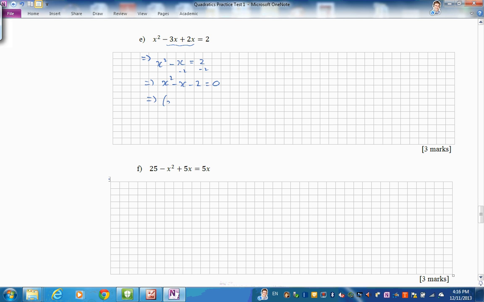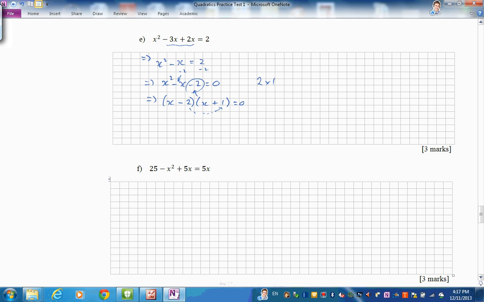Then we recognise there's a FOIL type expansion, so we try to factorise it. I want numbers multiplied together to give negative 2, so it's 2 and 1, so it could be negative 2 and positive 1. Negative times a positive is a negative, that's what we want, a negative product here. The bigger one must end up negative, so it'll be x take 2 and x plus 1.